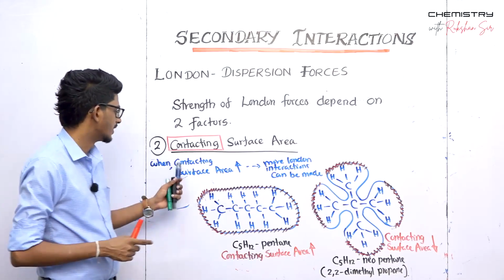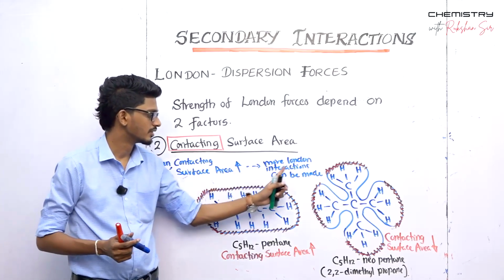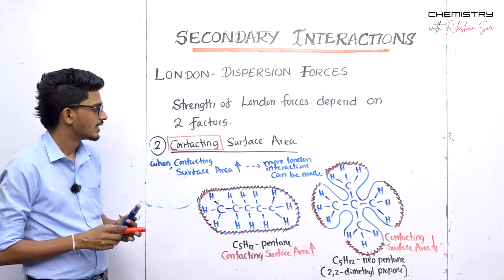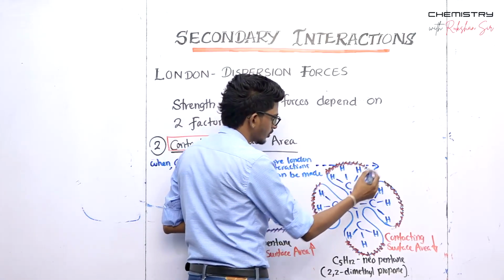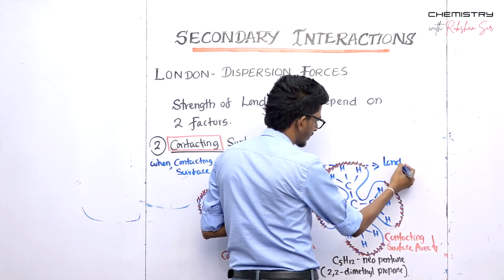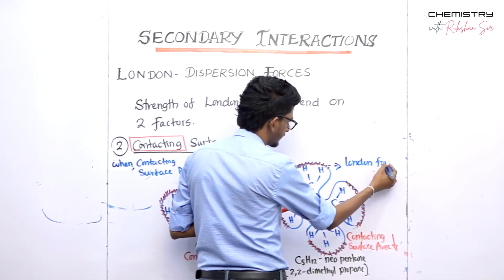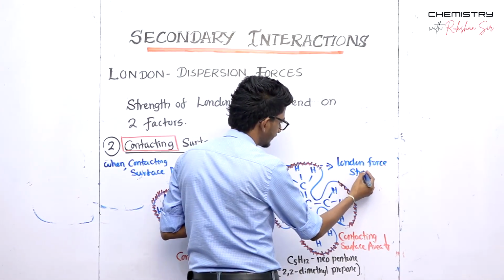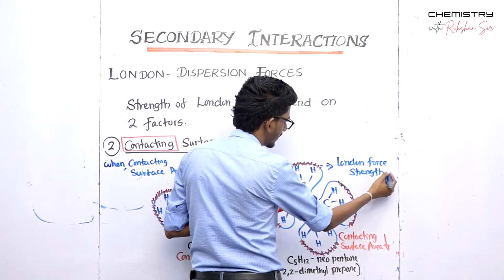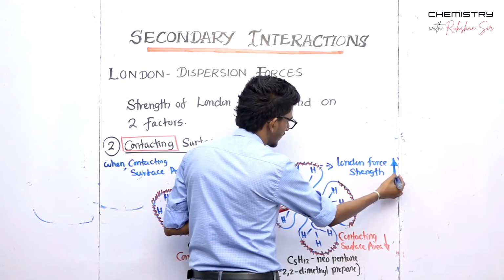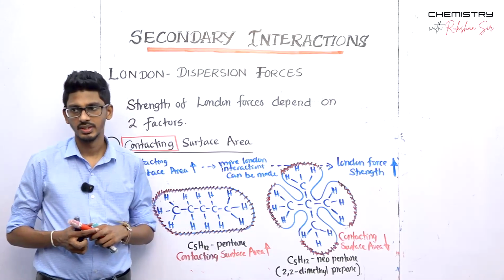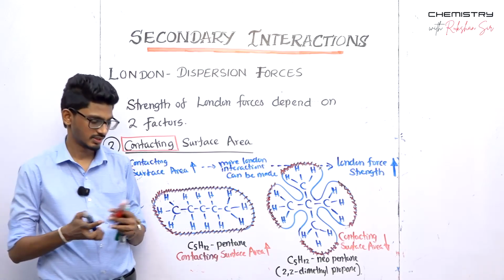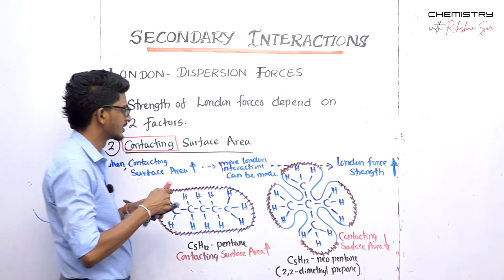Okay. When conducting surface area is high, more London interactions can be made so that the London force strength will be high in such an instance. So London force strength will be high when the conducting surface area is high, right? So we can summarize the effect like this.